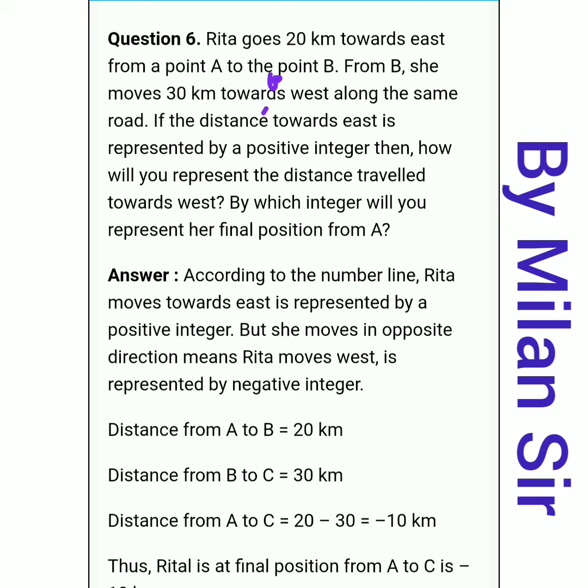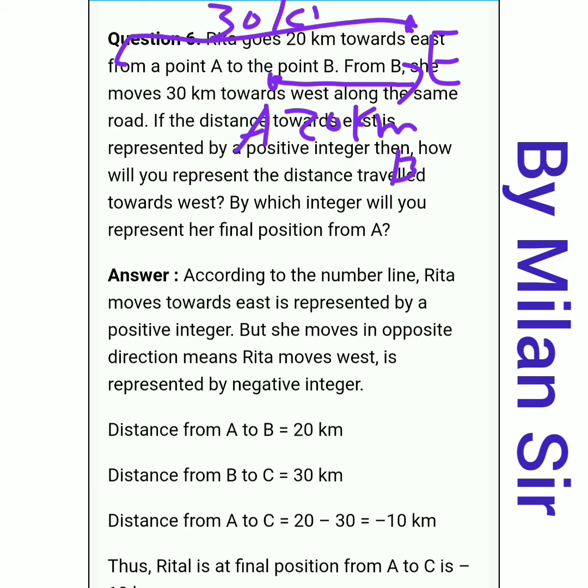First of all, from point A, she moves 20 kilometers in the east direction, and then from point B, she moves 30 kilometers toward the west direction.